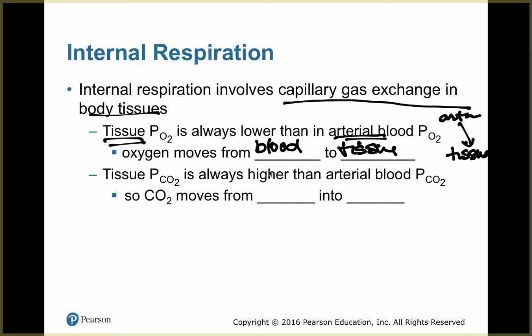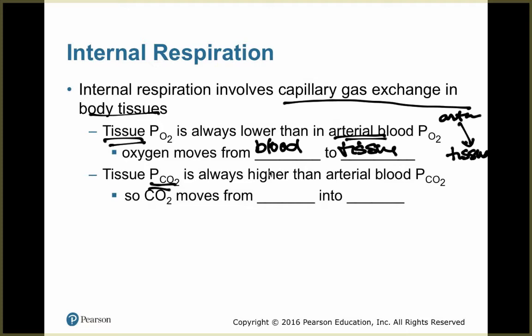The partial pressure of CO2 is always higher than arterial blood CO2, right? Because essentially in the tissue, we're doing cellular respiration. And in that, if you remember, one of the byproducts is carbon dioxide. It happens in the intermediate step when we're looking at the breakdown of pyruvate.